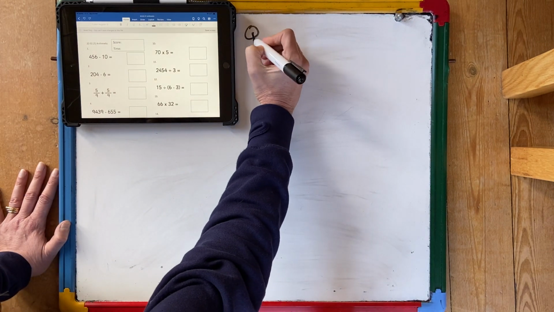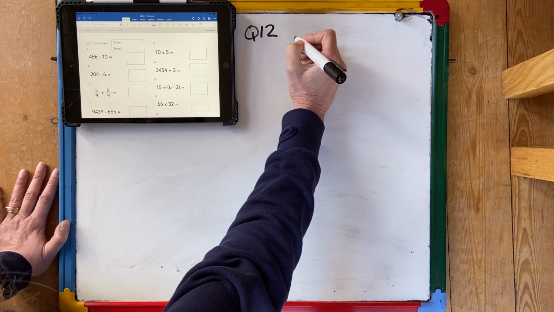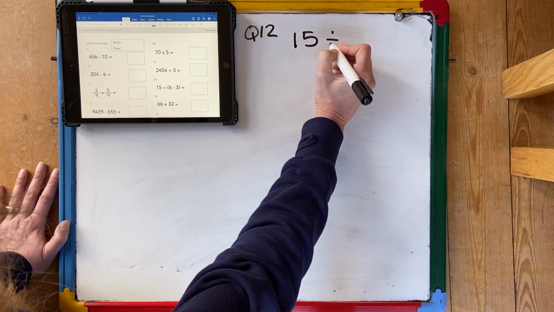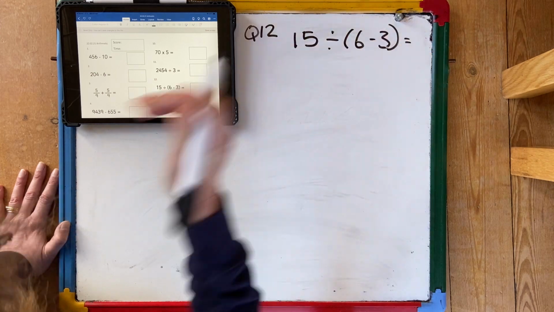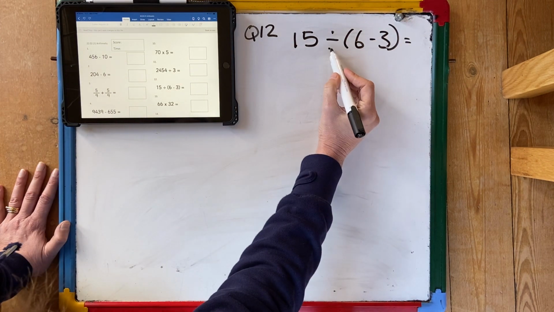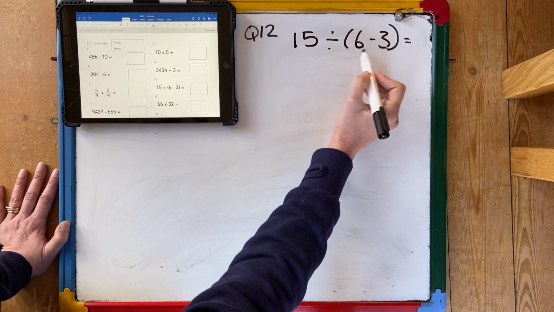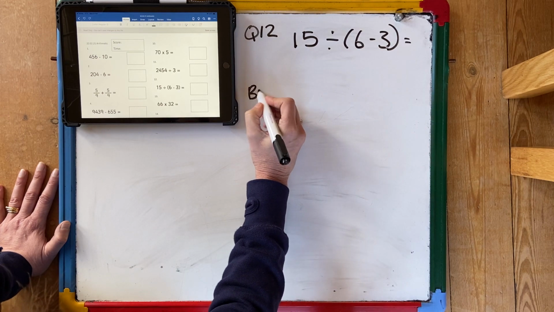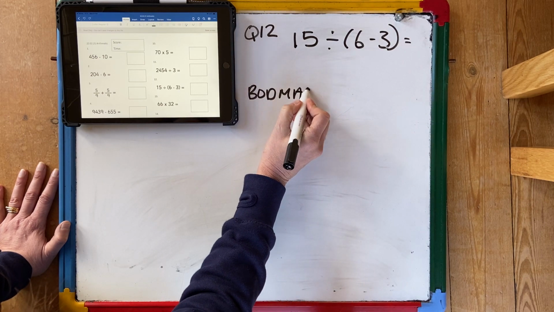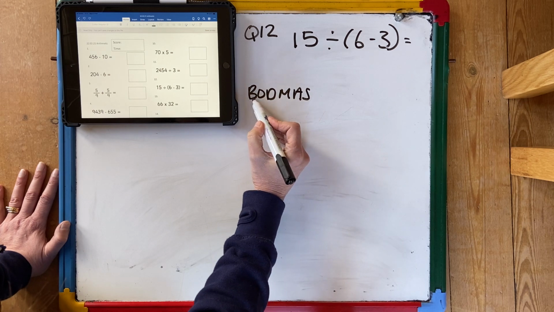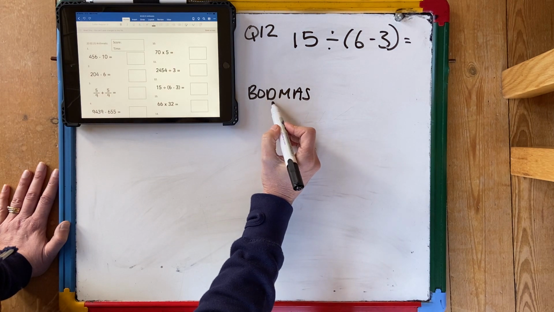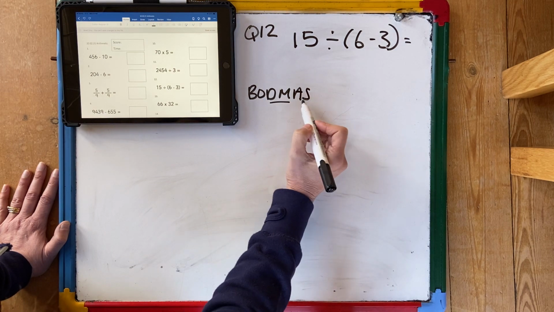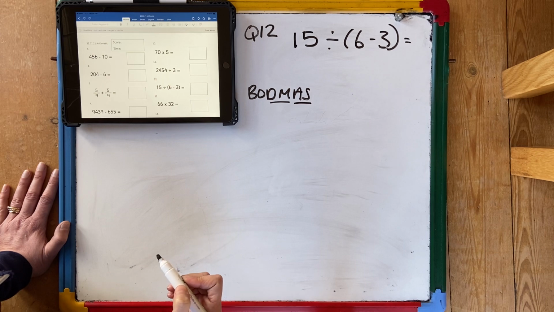Question 12. 15 divided by, open brackets, 6 subtract 3, close brackets, equals. So when there are mixed operations within the same calculation, you have to apply BODMAS. So B means brackets, O means order, like square numbers or cube numbers, division and multiplication, and then addition and subtraction.